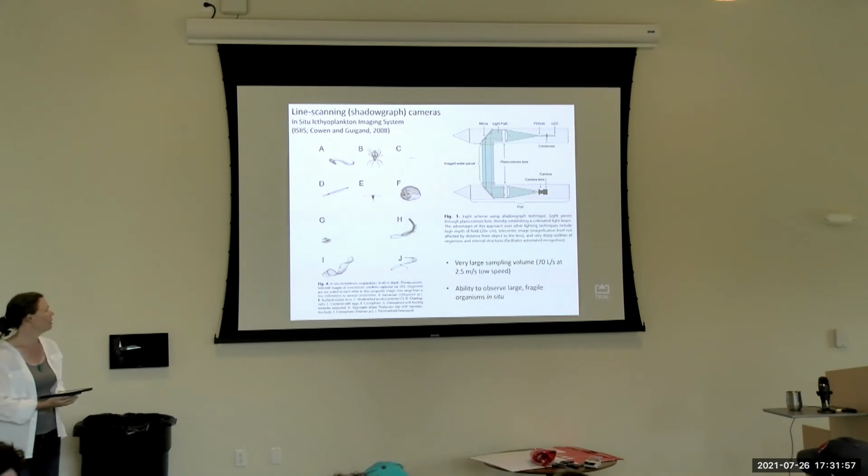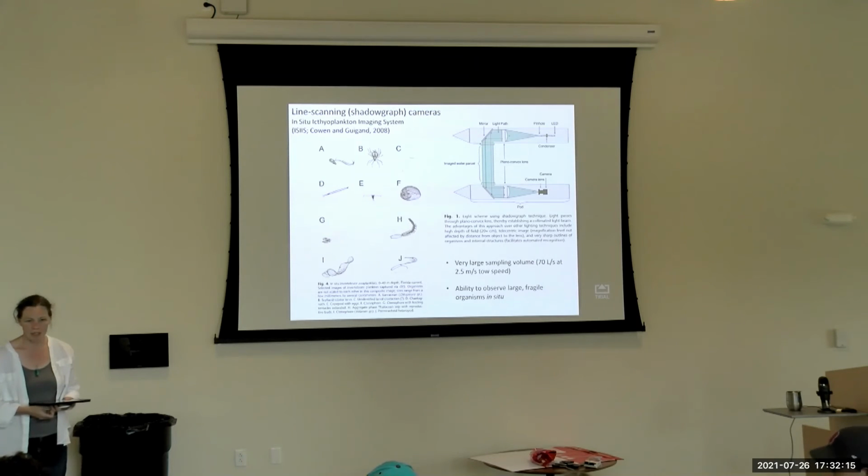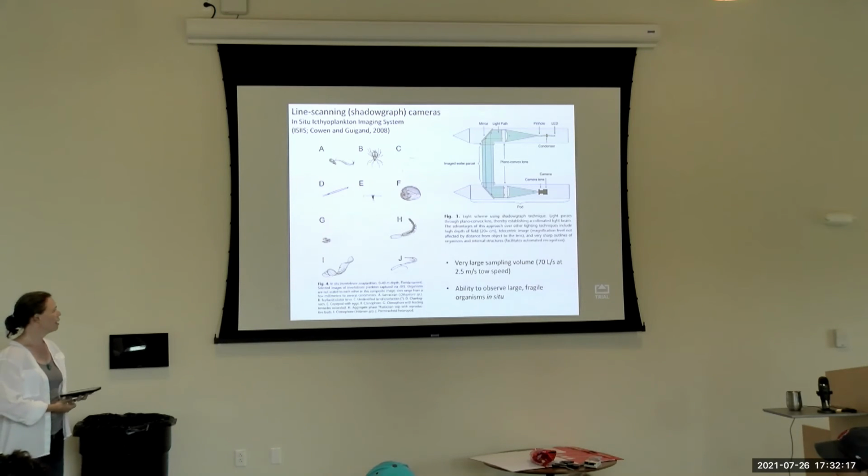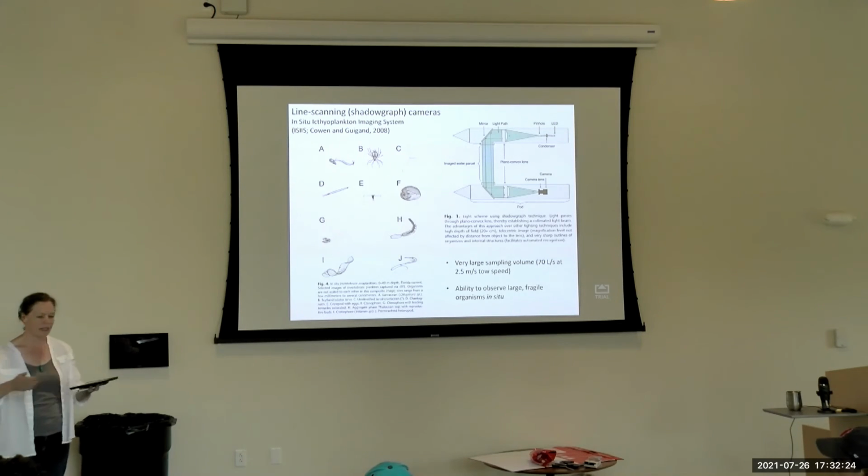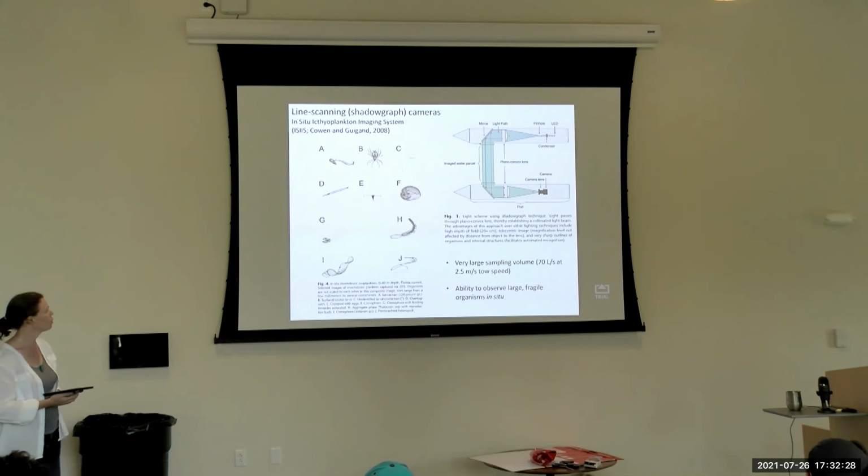Another system that actually just got used during EXPORTS, I think, has one of these, it's the In Situ Ichthyoplankton Imaging System, or ISIIS. It also has been around for a while, is a pretty massive instrument, but it operates on the same principle, it's just bigger. So it's imaging 70 meters per second at a 2.5 meter flow speed. So the spacing between the source and the receiver sides of the instrument are much larger.